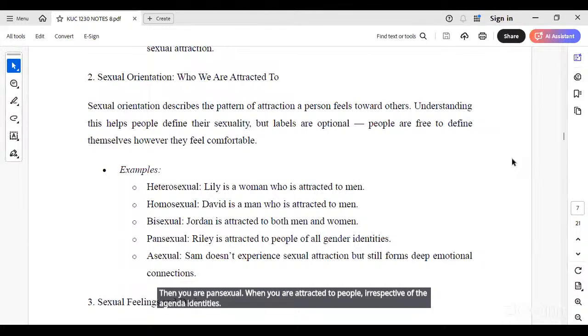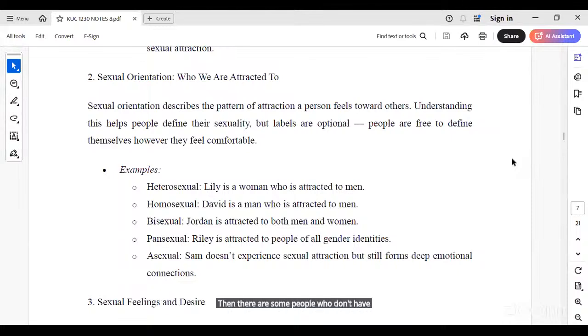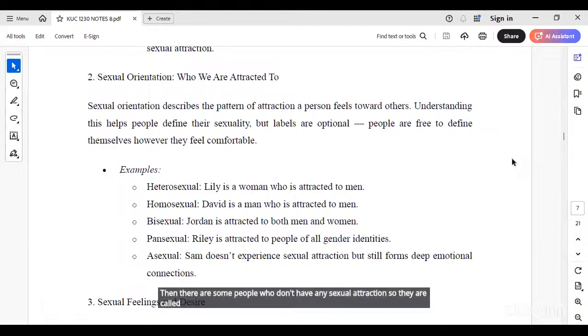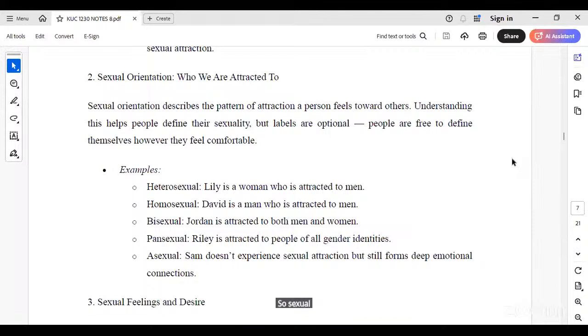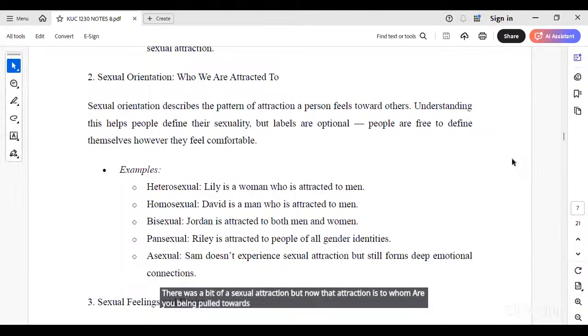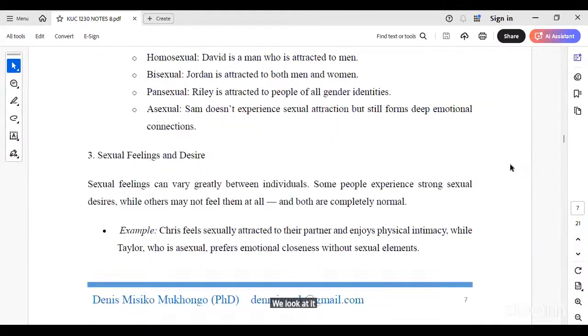Then there are some people who don't have any sexual attraction, so they are called asexual. So sexual orientation is whom you are attracted to, whom you are being pulled towards. That is sexual orientation. We'll look at it a bit more in some section as we move.